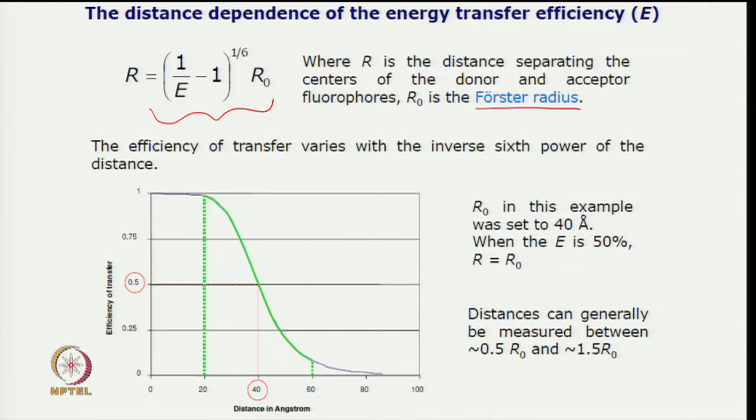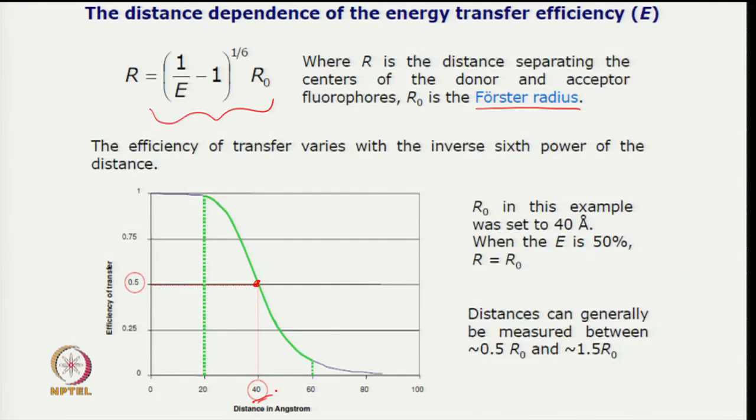Förster radius is the distance between the center of the donor and acceptor fluorophore when E is 0.5. In this case, you can see that E is equal to 0.5 when the distance between the center of donor and acceptor is 40 angstrom.